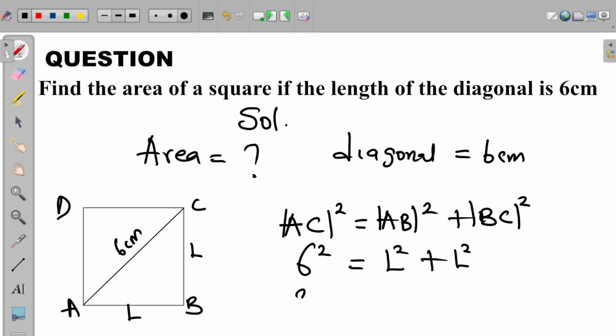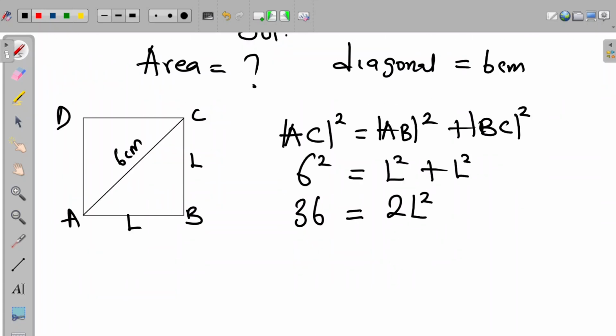So 6 squared is 36 equal to L squared plus L squared, which is 2L squared. So we divide both sides of the equation by 2. So 36 divided by 2, so 2 can cancel out 2. So 2 cancel itself is 1. 36 divided by 2 is giving us 18. So therefore we have L squared is equal to 18.